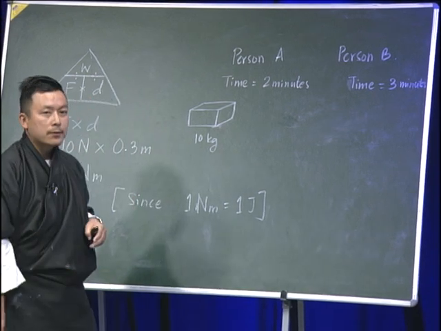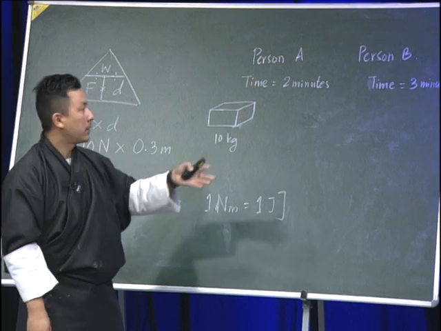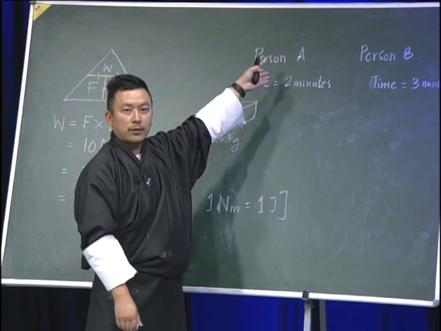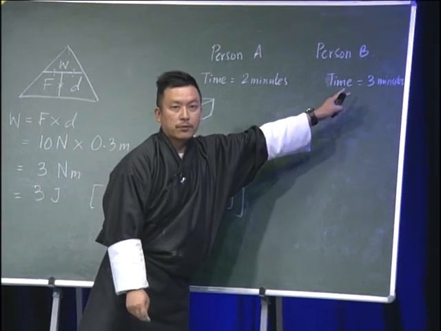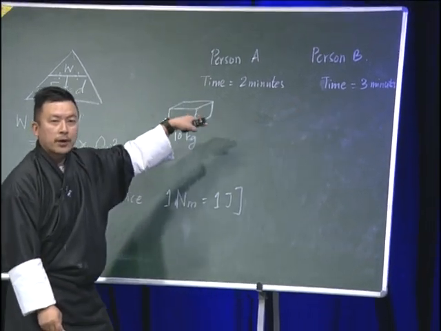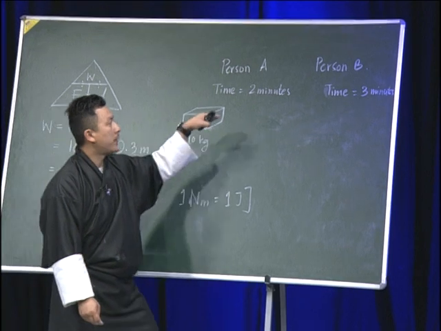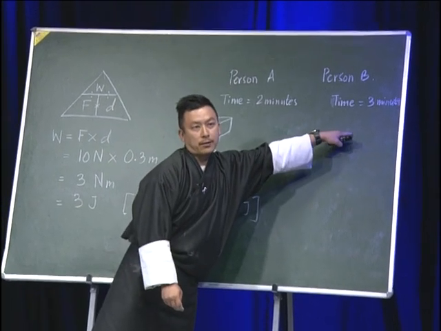Now in this case, who is doing the work faster? Person A. He is taking only 2 minutes, while B is taking 3 minutes. His rate of doing work is faster than person B's.